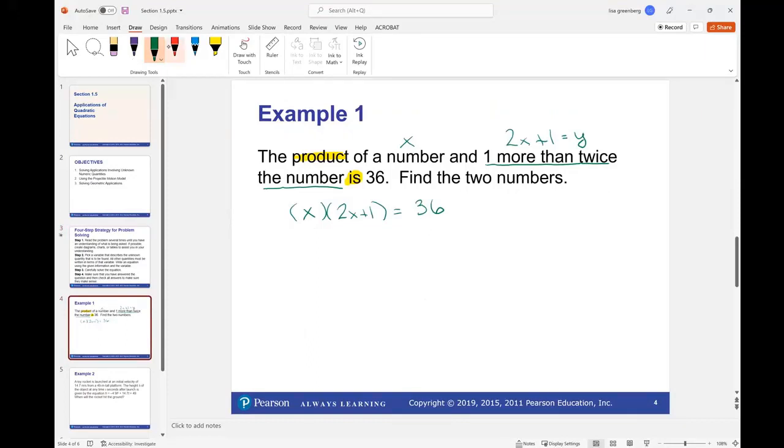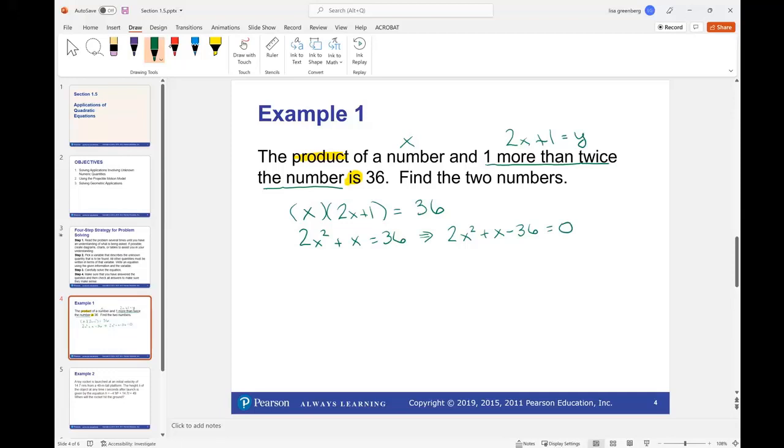So I know there's a quadratic here because if I multiply these 2 together, I get 2x squared plus x equals 36. And anything that's squared is quadratic as long as it's the highest exponent. I subtract 36 from both sides, and I'll get 2x squared plus x minus 36 equals 0.